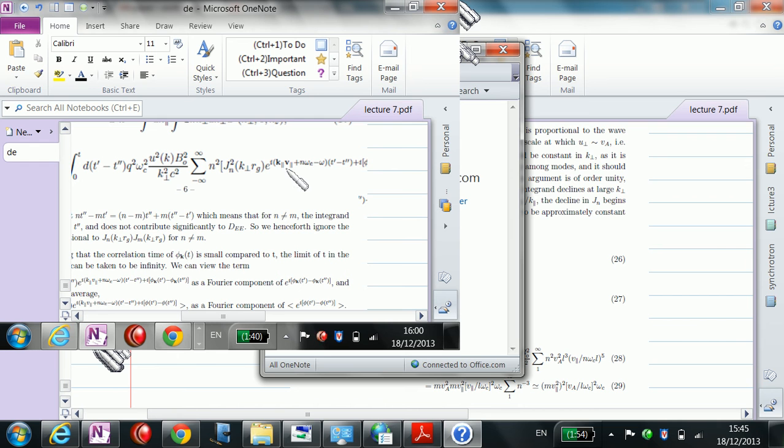This is the value you would get without a magnetic field, without a zeroth order magnetic field. And this describes the cyclotron frequency of the particle.